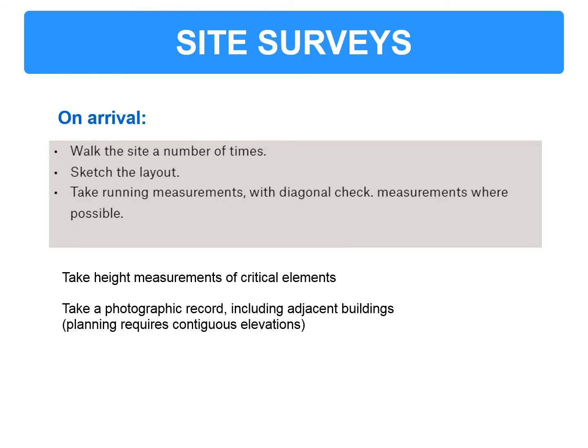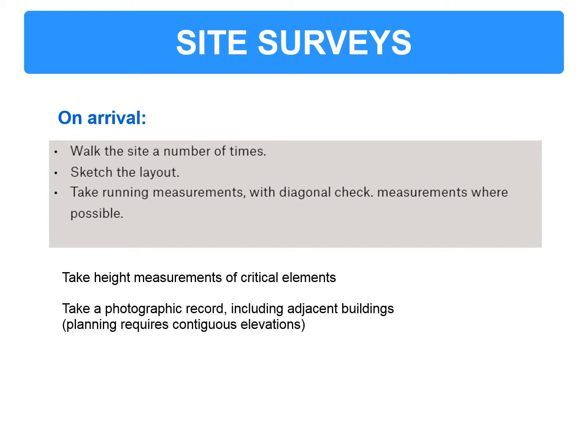When you arrive, before measuring anything, walk the site a number of times, take a sketch of the layout, and take running dimensions with diagonal check measurements where you can, where a site might not be perfectly square, which is rare. The diagonal check measurements will help you draw it up when you get back to the office.